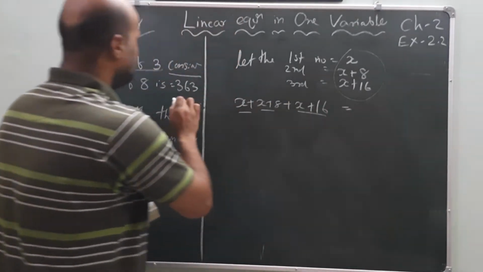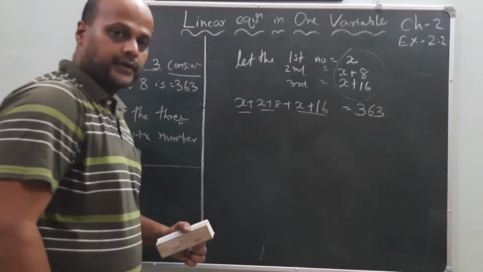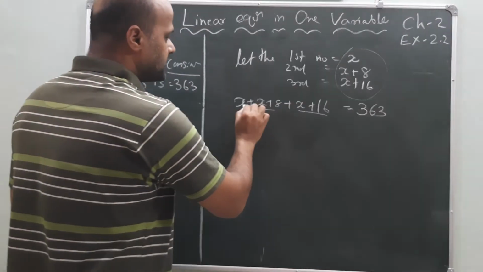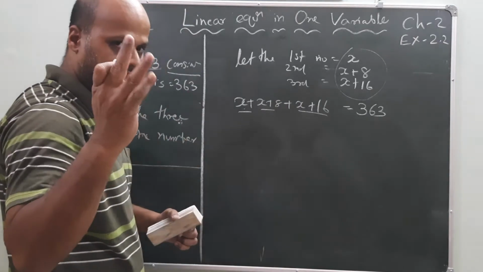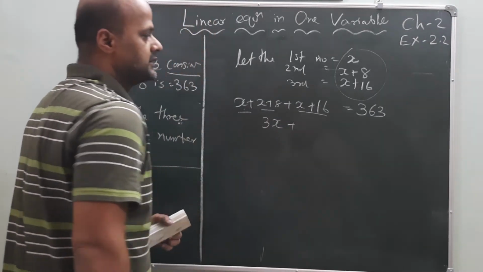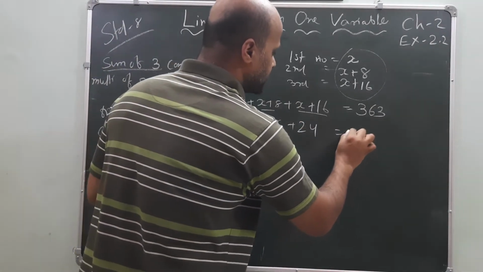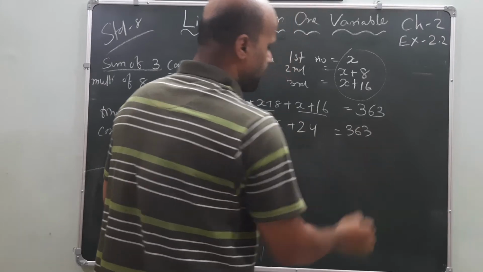It is saying 363. Now add it. How many x are there? 3x plus 24 is equal to 363.